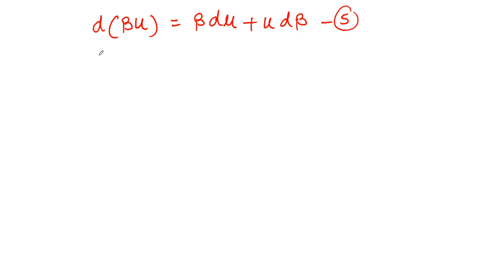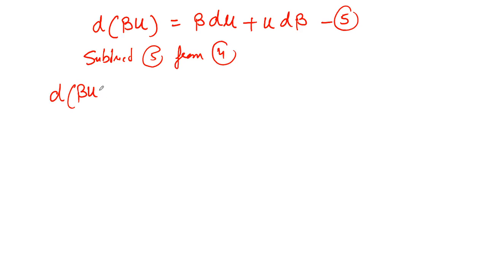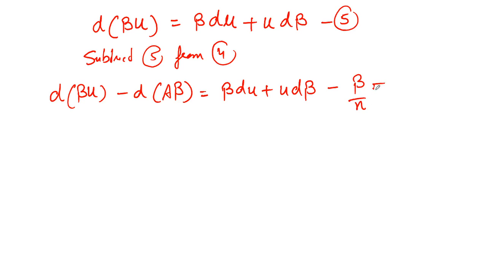So subtracting equation 5 from 4, what we get is d of βU minus d of βA, that is equal to βdU plus Udβ minus beta over N summation of Nr into dEr.